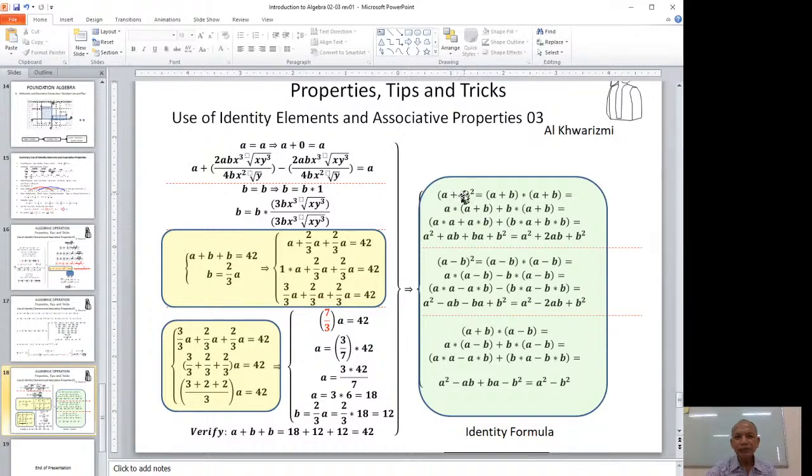A plus B squared is A plus B times A plus B. This is the procedure for you to know how we get to A plus B squared equals A squared plus 2AB plus B squared.